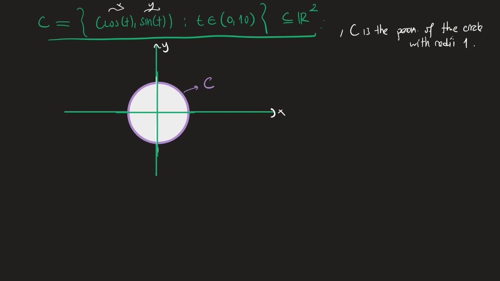This is a circle S1, and as you can see, this circle is closed, because it contains all the limit points. But it is not open because, for example, take this point P, take a neighborhood, a disk, closed disk or open disk.